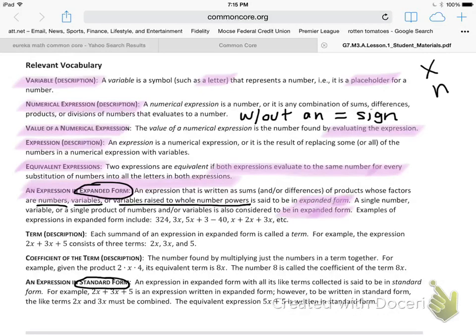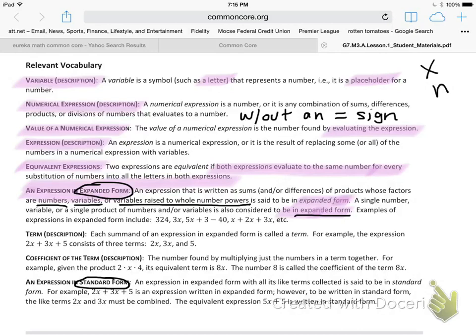The thing is, expanded form is very expansive in its definition. So pretty much anything or everything could be considered expanded form, but only certain expressions can be called standard form.